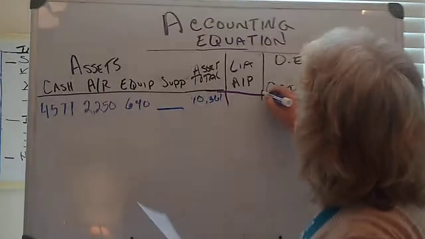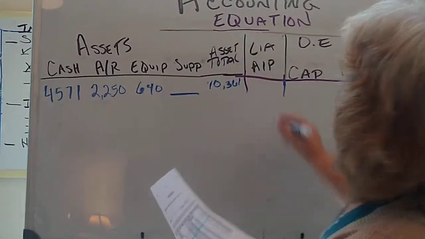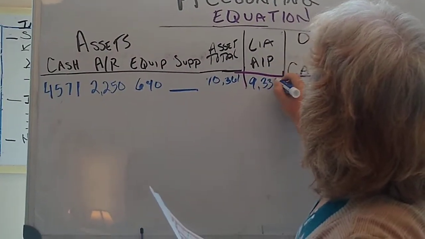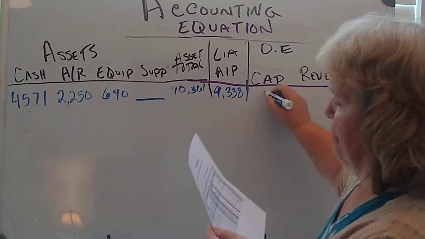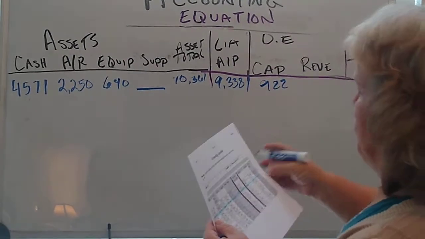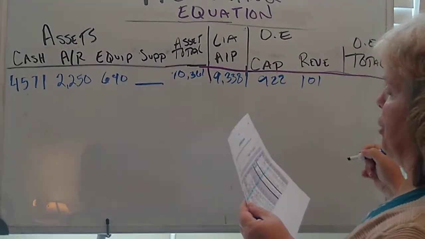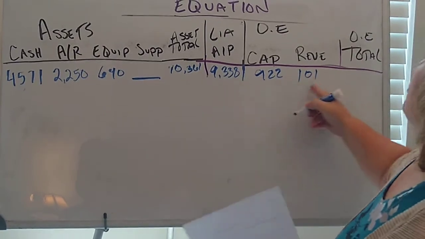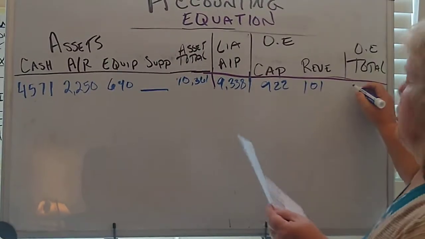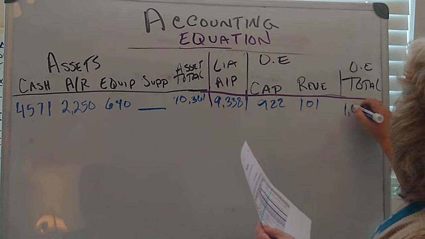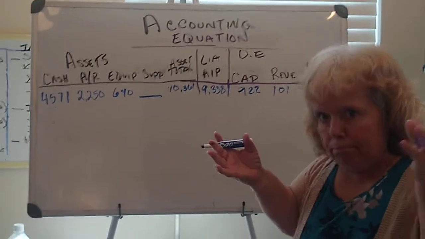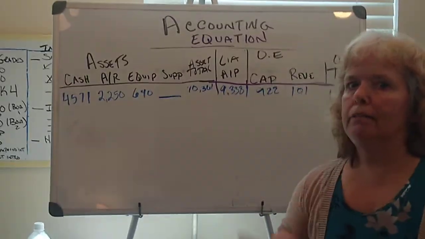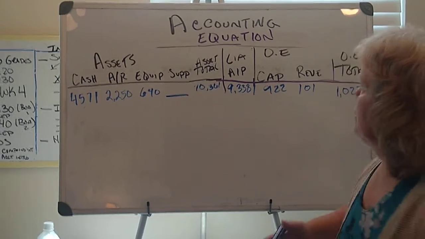Okay, so let's go over here to liability. We have 9,338 in liability. Over here, capital, we have 922. We have 101 under revenue. And then the total capital and revenue together should equal 1,023. Okay, so let's look at all this information and abstract our accounting equation out of it.